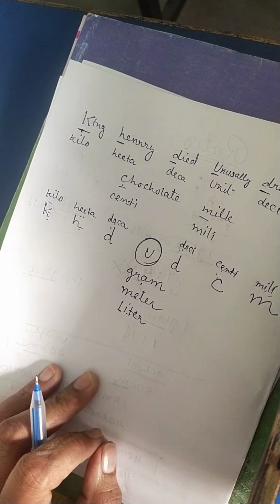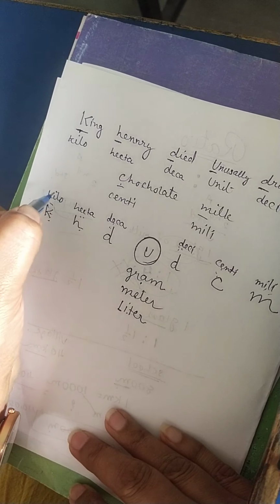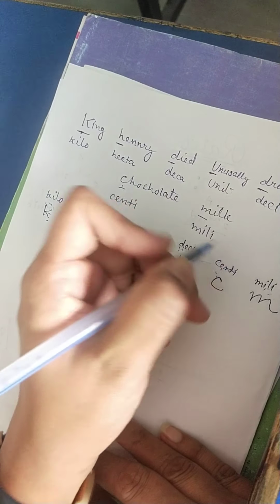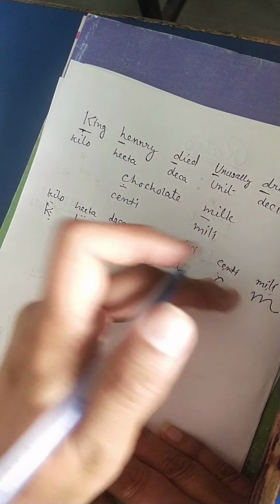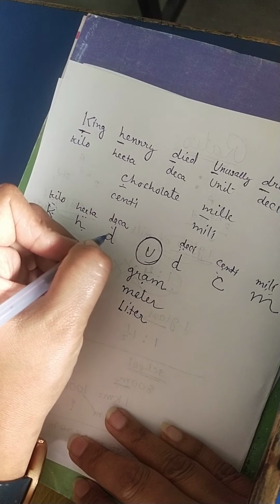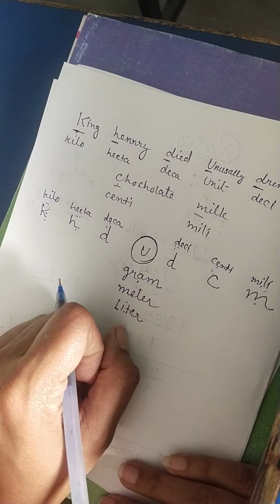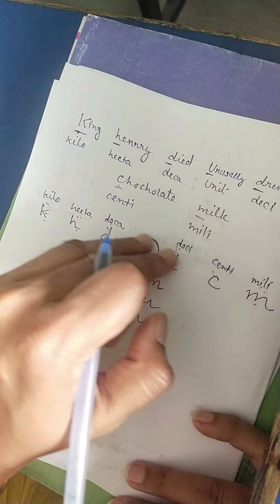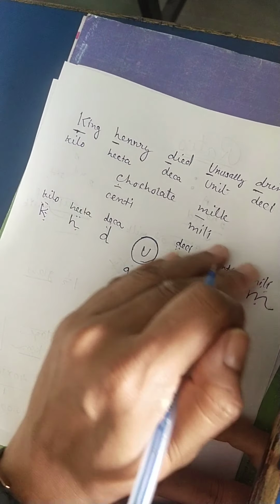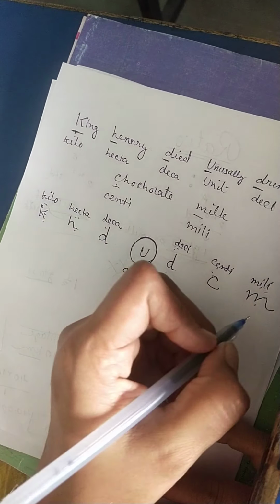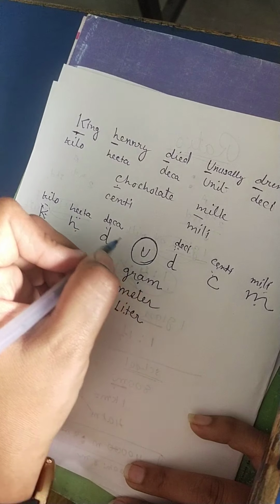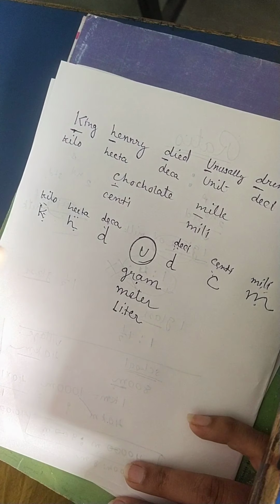Understood? Now this one is big. If we are moving to the right side, then they are decreasing in order: highest, then small, small, and smallest is millimeter. If we are moving to the left side, then it is increasing in order: small, then big, and biggest.